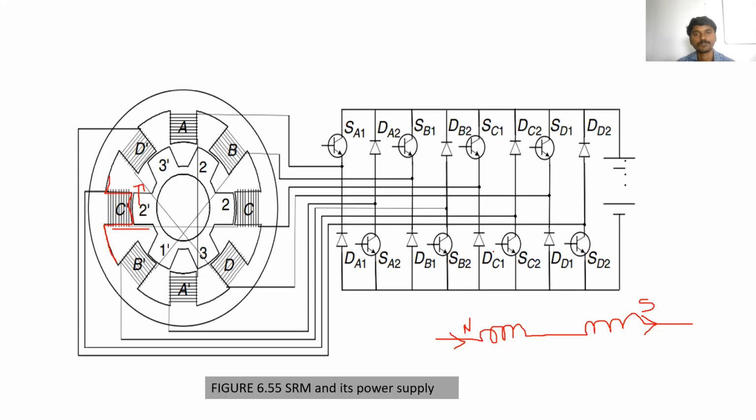Which switch should be turned on if you want to energize the A coil of the stator of the switch reluctance motor? Current flow should happen through it.